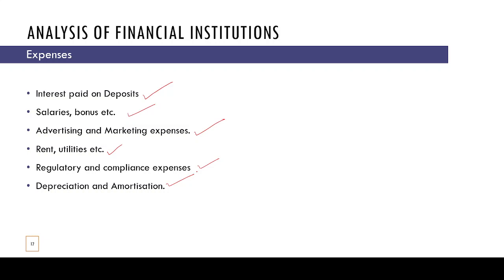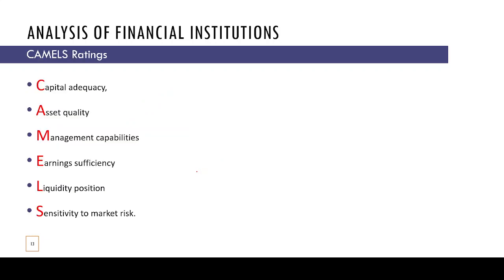So, these are the assets, liabilities, income, and expenses of the bank, right? Now, we are going to discuss the CAMEL ratings. Okay, so what is the CAMELS framework? And let's understand how CAMELS works.